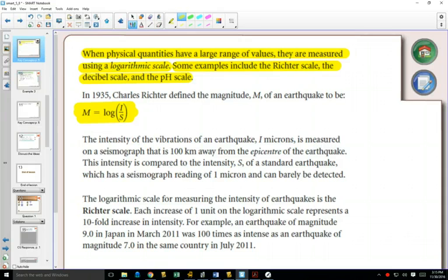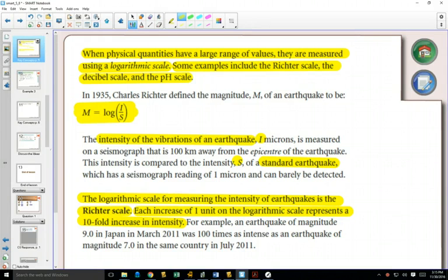We've got S is the intensity of a standard earthquake, and I is the intensity of the earthquake that you're measuring. This scale is called the Richter scale, and what it means is that each time you go up by 1, it's 10 times more intense.